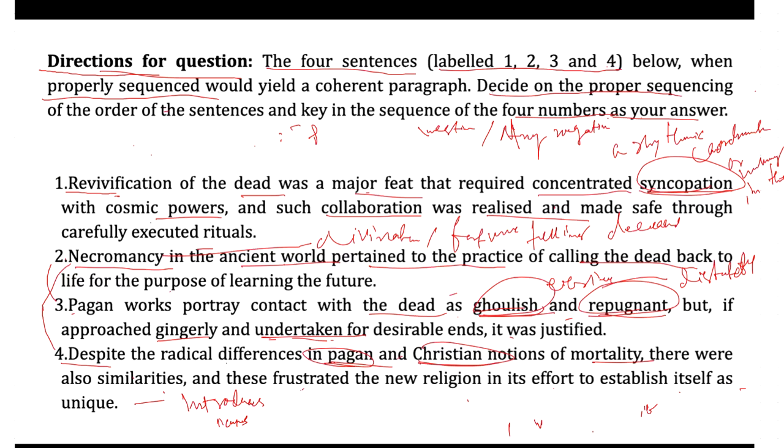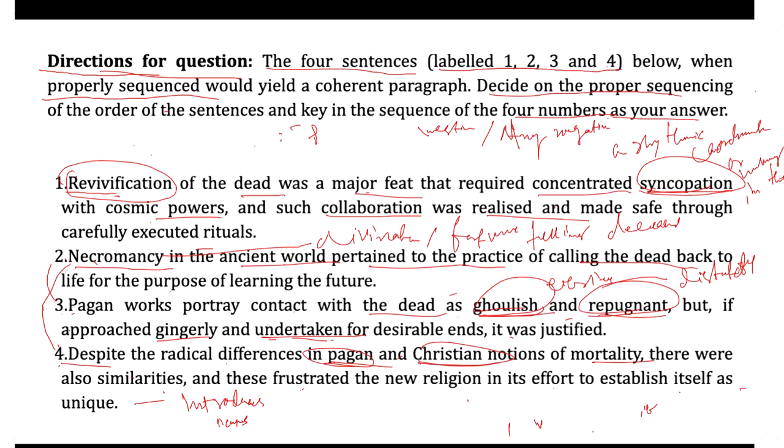So, we find 4, 2, 3. 4 is the introductory one, and 2 and 3 both indicate the pagan and Christian notions of mortality. Then what is 1 indicating? It provides nothing but a revivification of the dead. Now, what does revivification of the dead mean? When you say it was justification, it is about pagan works that portray contact with the dead.